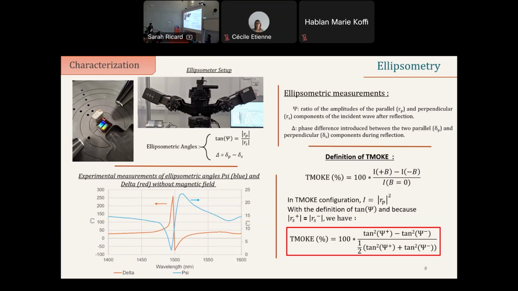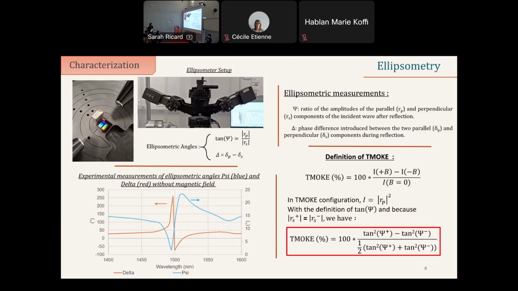As I said, because we are in TMOC configuration, we have P polarization, P configuration, sorry. So we can define intensity like that. And using the definition of the ellipsometric angle, which is something I haven't talked about here, we have this relation in this case.